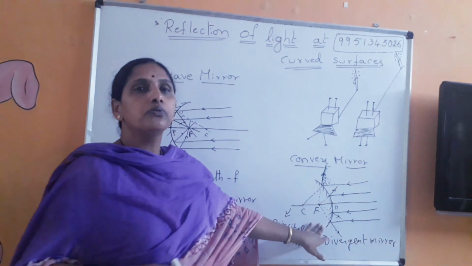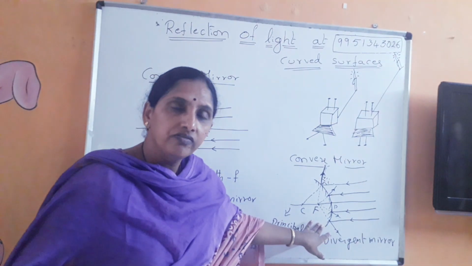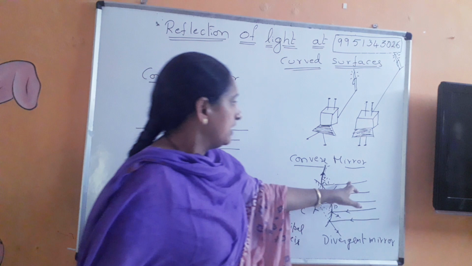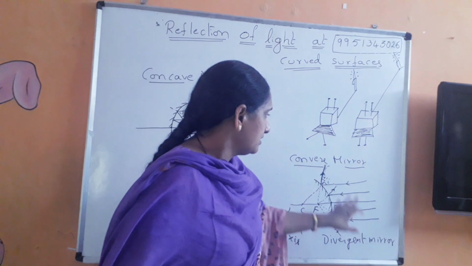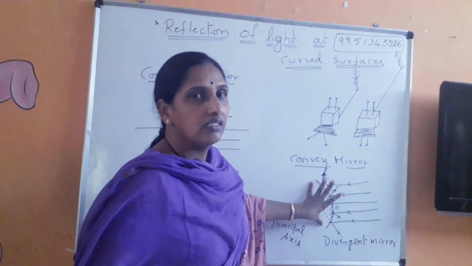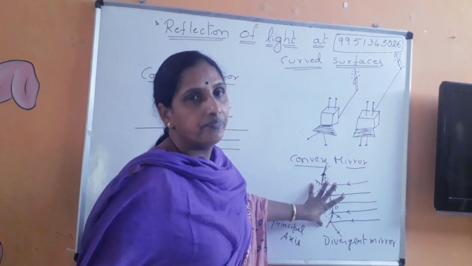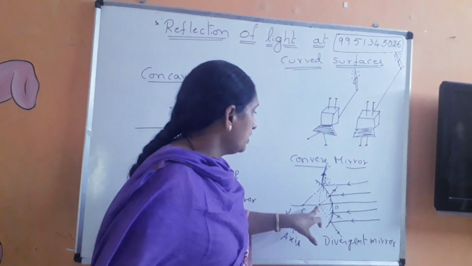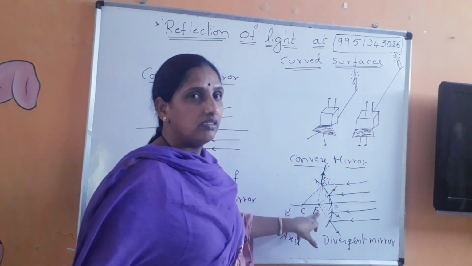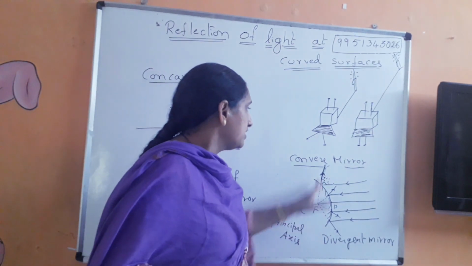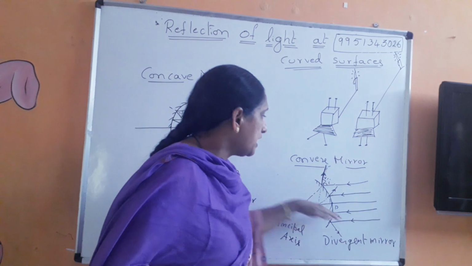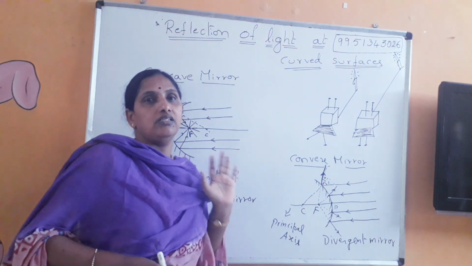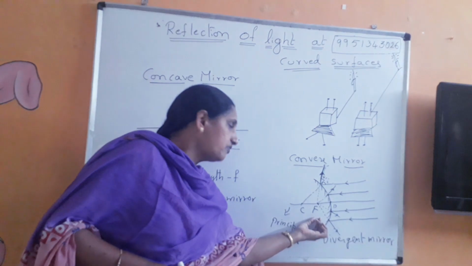So how are you going to define the focal point of a convex mirror? When rays parallel to the principal axis are incident on a convex mirror, the point from where the reflected rays seem to diverge is called a focal point.